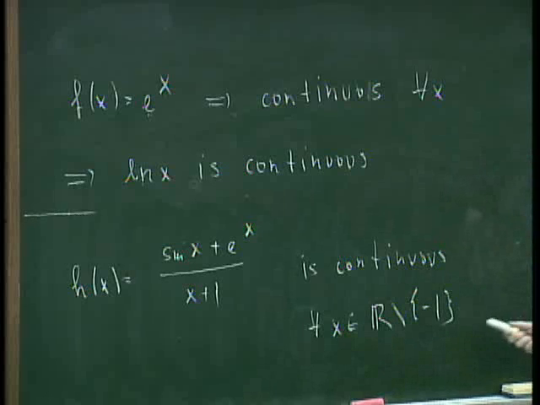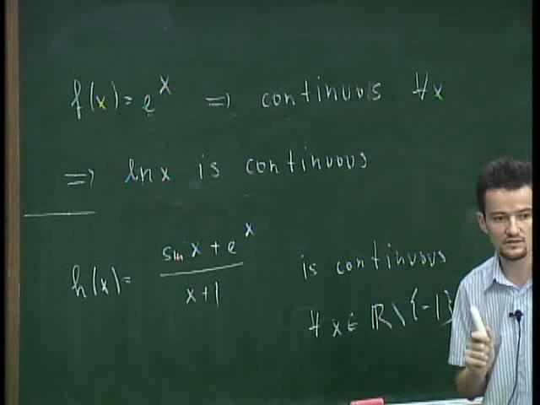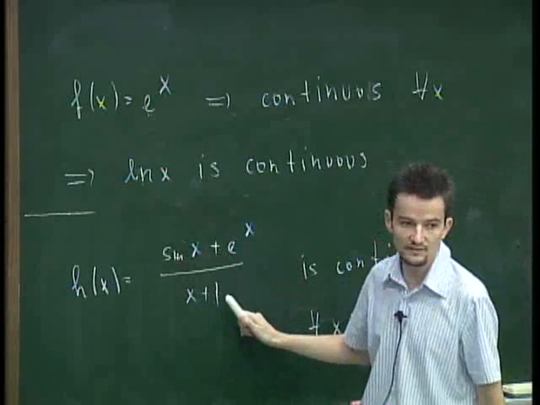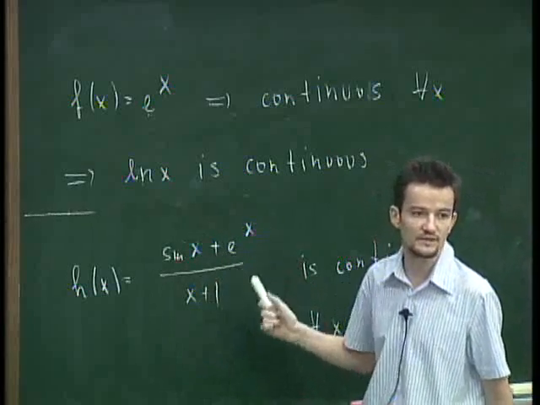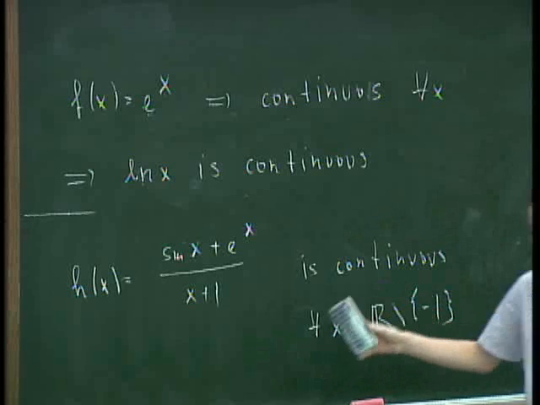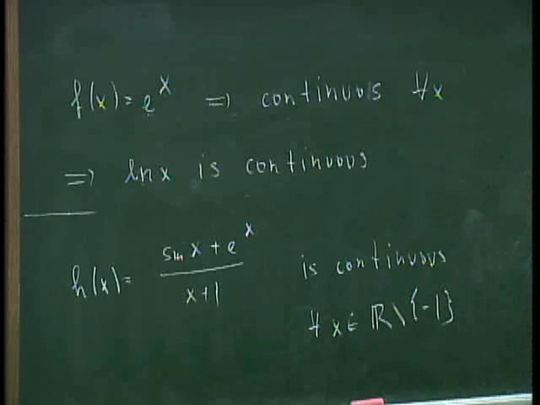Okay, but the important thing is the way we argue. We have already figured out for certain functions that they are continuous, and we know certain building rules. That's why we can also easily figure out that such a function is continuous. Now, except for addition, subtraction, multiplication, and division, there is another fundamental operation for functions, namely composite functions.